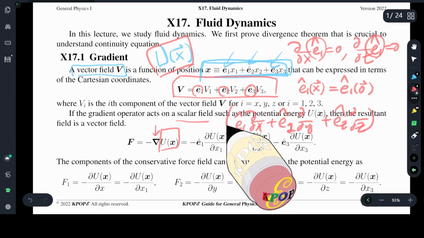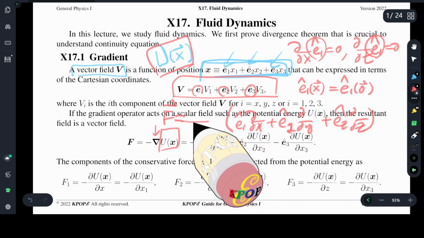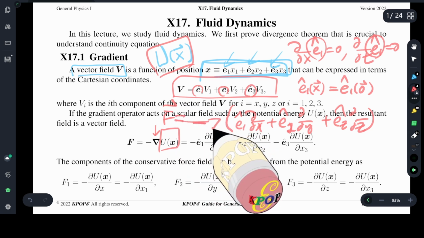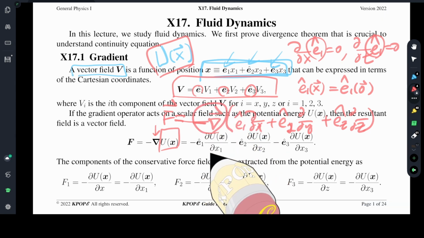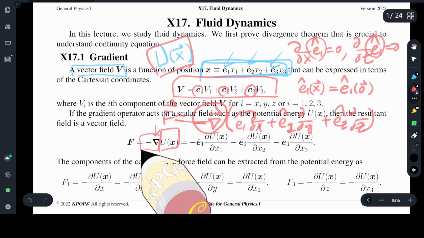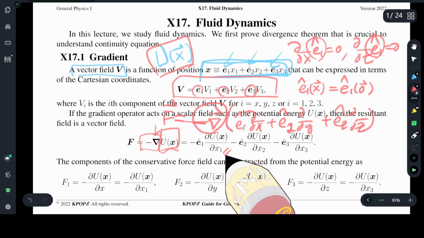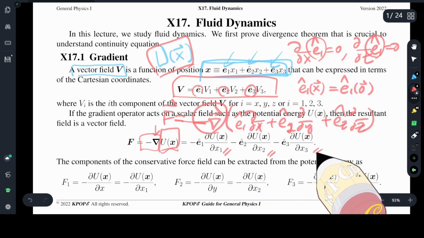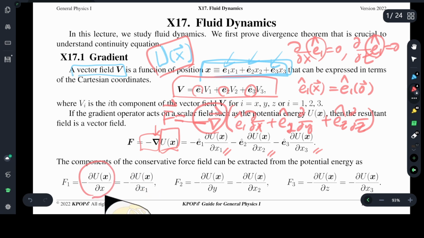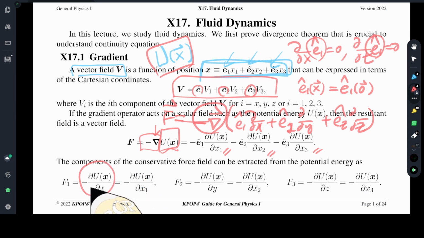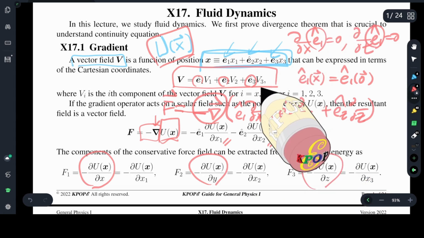From the potential energy, we can obtain the conservative force by taking the minus gradient. So the first, second, and third components are the negative of the x derivative, y derivative, and z derivative of the potential energy.